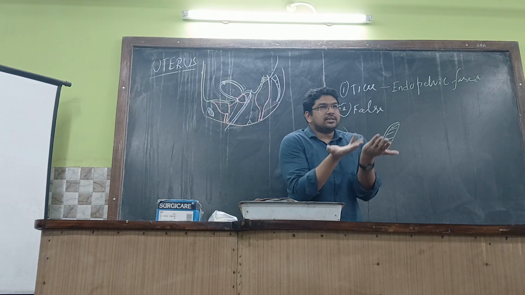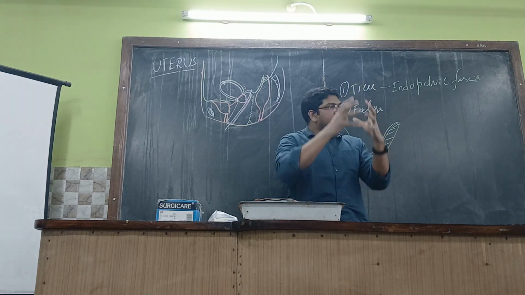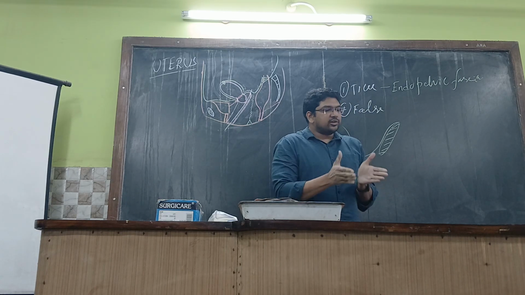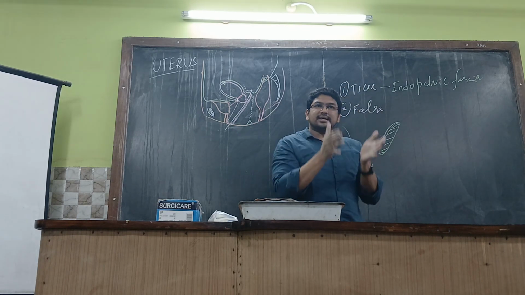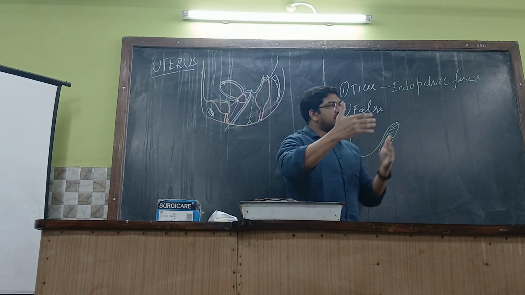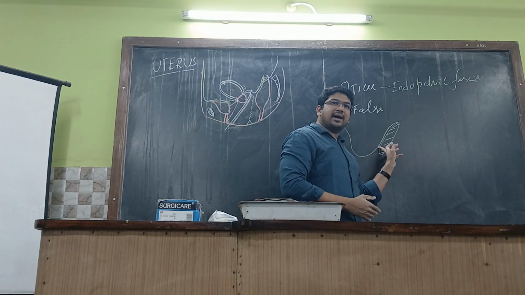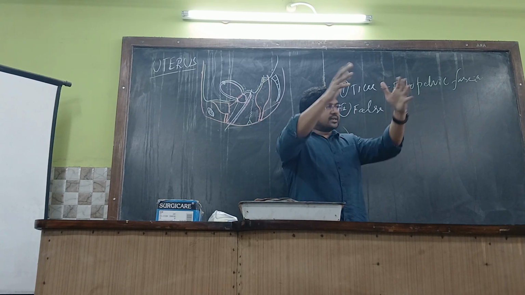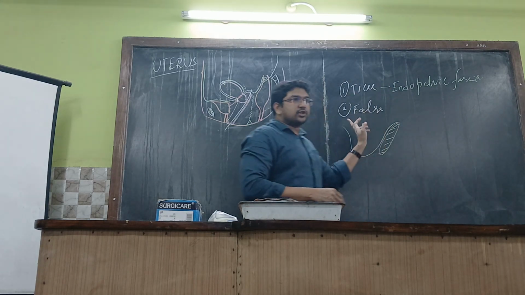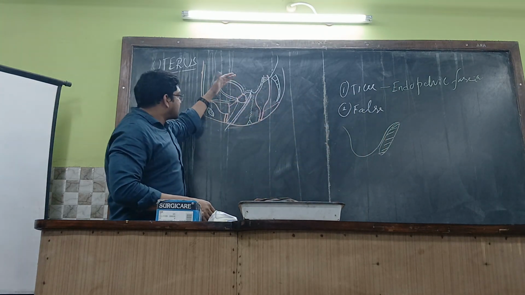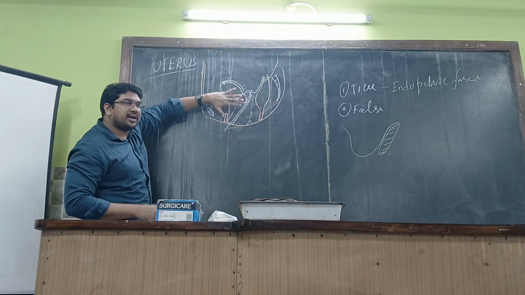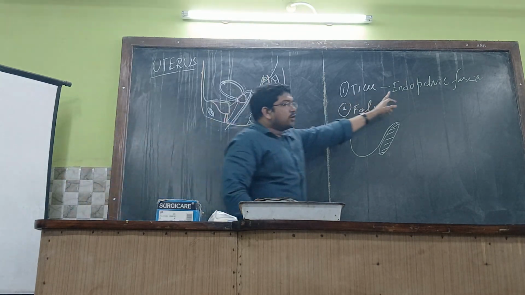The levator ani hangs all the pelvic viscera over here. Further medially, the fascia covers the pelvic organs: the urinary bladder, prostate, uterus, and further behind the rectum. Leave out the rectum; we are concerned only with the uterus. The fascia covering the uterus, and in males the prostate and urinary bladder, is termed the endopelvic fascia.